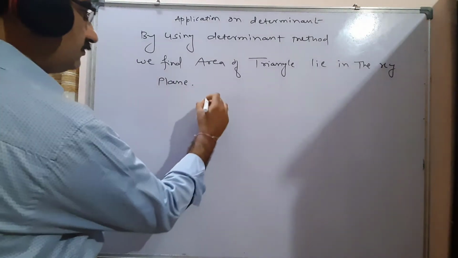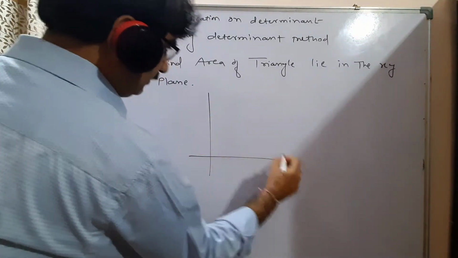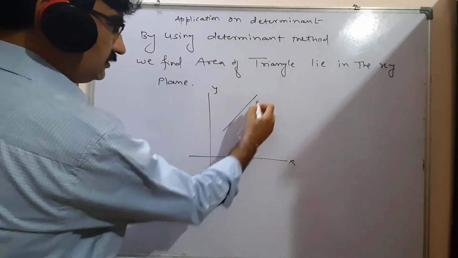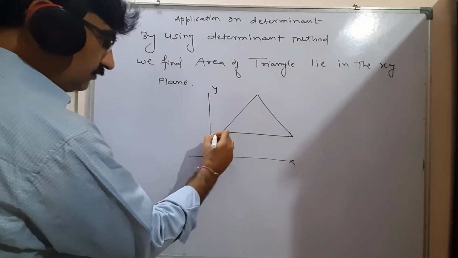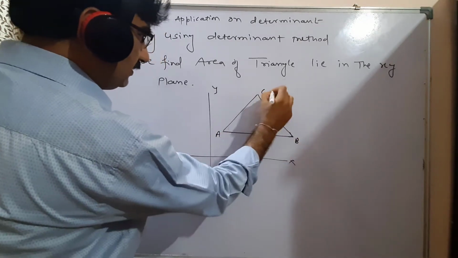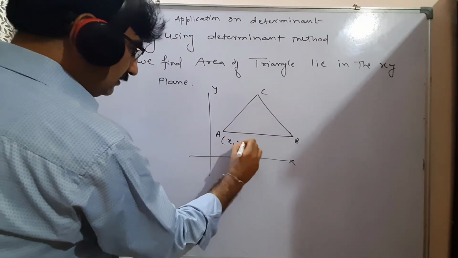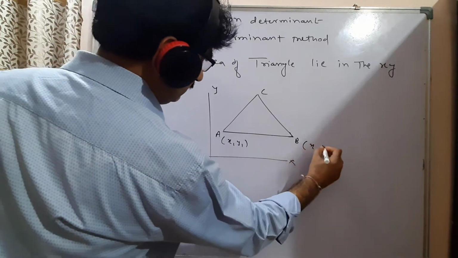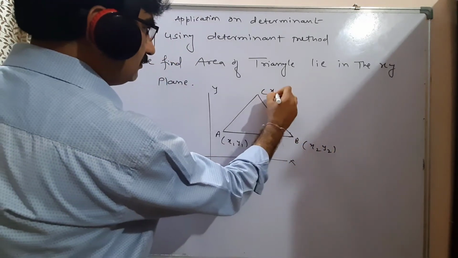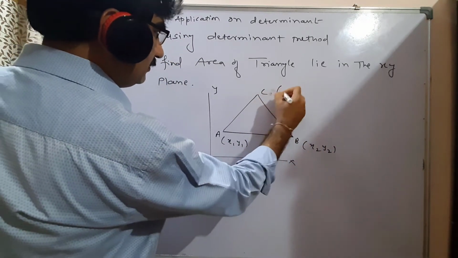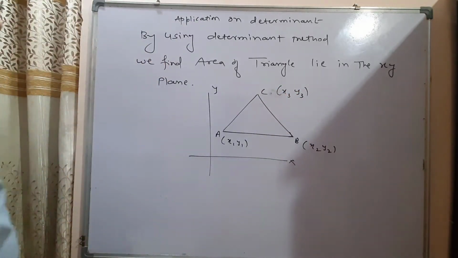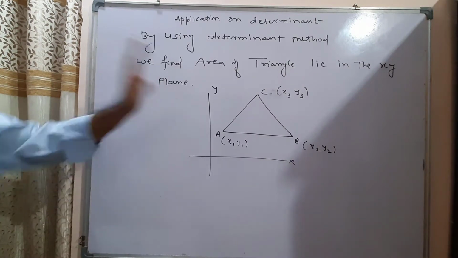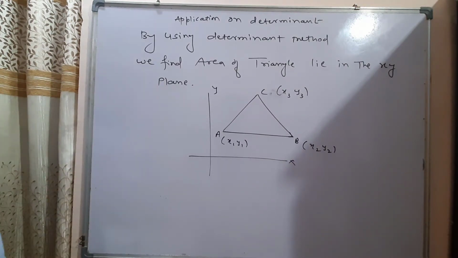That means this is our xy plane and this is a triangle which is lying in the xy plane. These are the vertices of a triangle. Suppose x1 y1, x2 y2, and x3 y3. Now, how do you find out the area of this triangle which is lying in the xy plane?